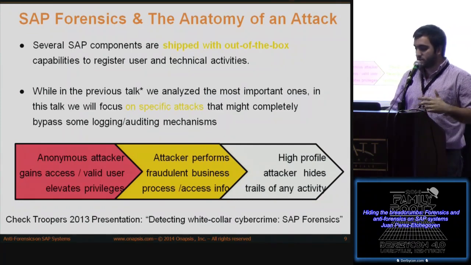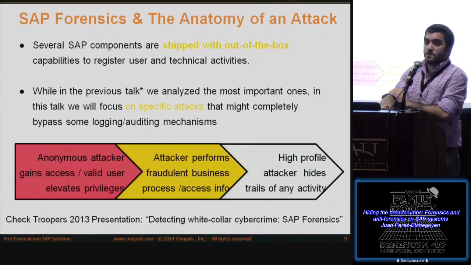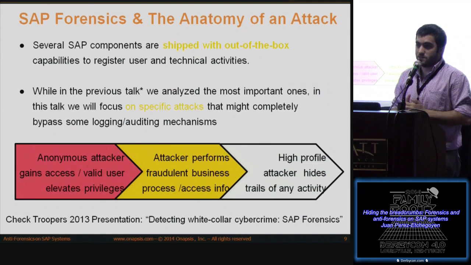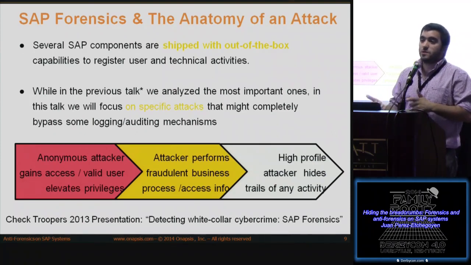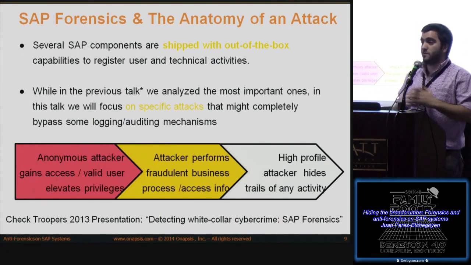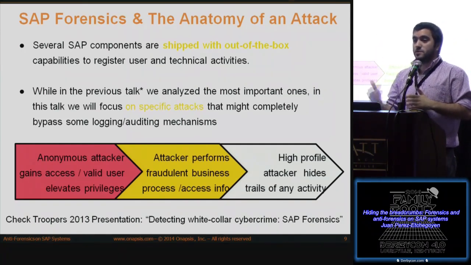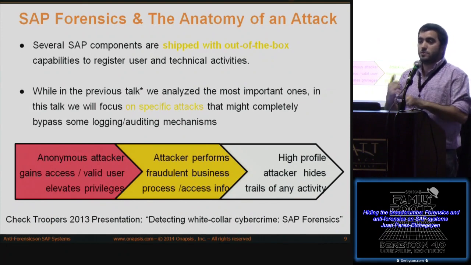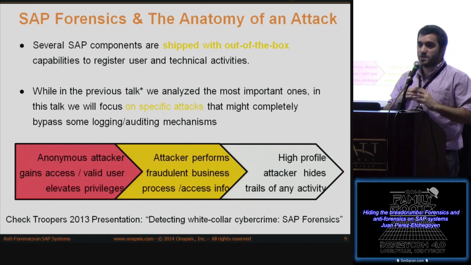So this is the anatomy. Usually, the attacker gets access to the system by exploiting a vulnerability. Those vulnerabilities are usually misconfigurations, insecure settings, or missing patches on the technical layer, the NetWeaver layer of SAP. Then the attacker moves up into the SAP layer, the business layer, the ERP, CRM, all those business functions that are supported by the NetWeaver layer.